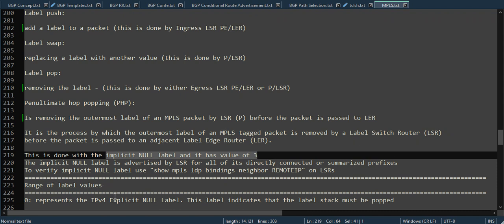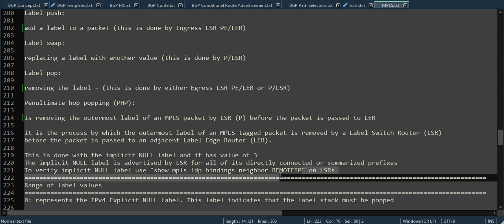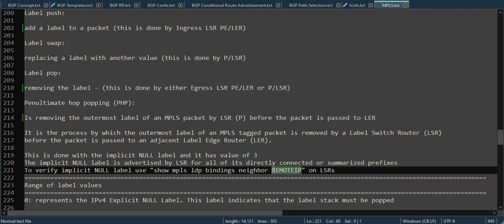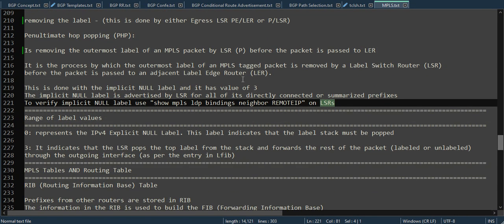To verify the implicit null label, we can use the show mpls ldp bindings neighbor remote IP command on the LSRs. On the ingress router, we can use show ip ldp bindings neighbor remote IP to verify this implicit null label.